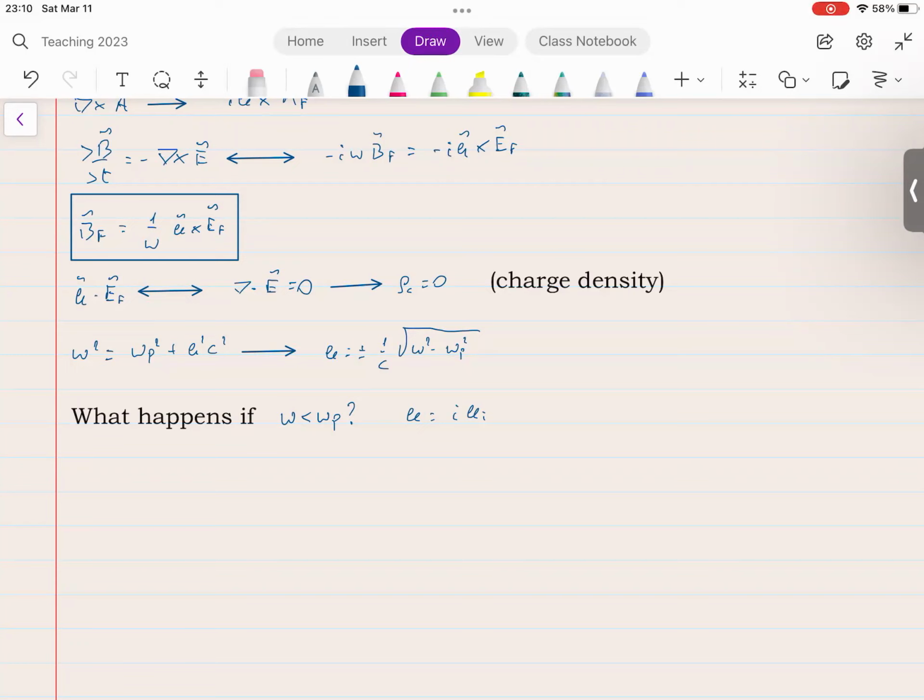And what that's going to do is actually quite interesting. If I look at how my wave is going to behave, or what it's going to look like, I'll just handwrite it, or it will take me forever.